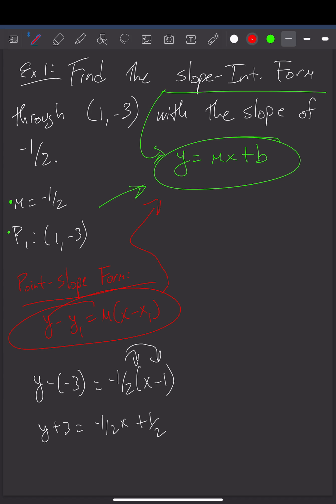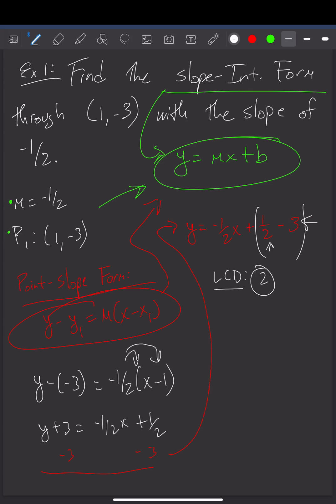Now, since this is a form and we know that in the slope-intercept form y is by itself, we just solve for y. So we bring the 3 to the right-hand side, and we get y equals -1/2 x plus 1/2 minus 3. And then we combine like terms. So going back to your algebra skills, here's what's important. We need to figure out the common denominator, the LCD. And we know that the LCD in this case is 2, since we have a denominator of 2, so we need to have that at 2 as well.